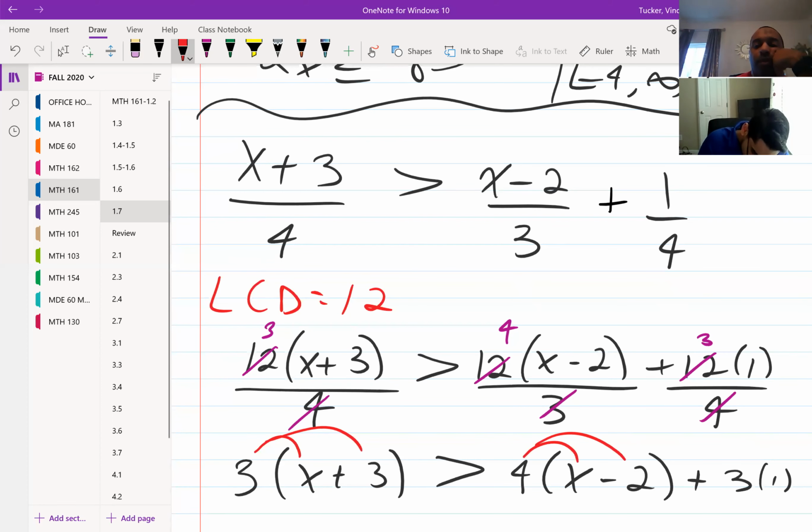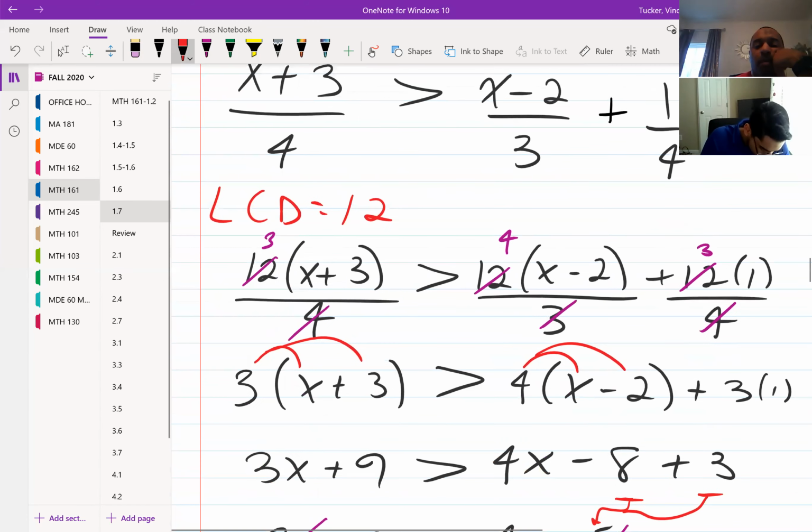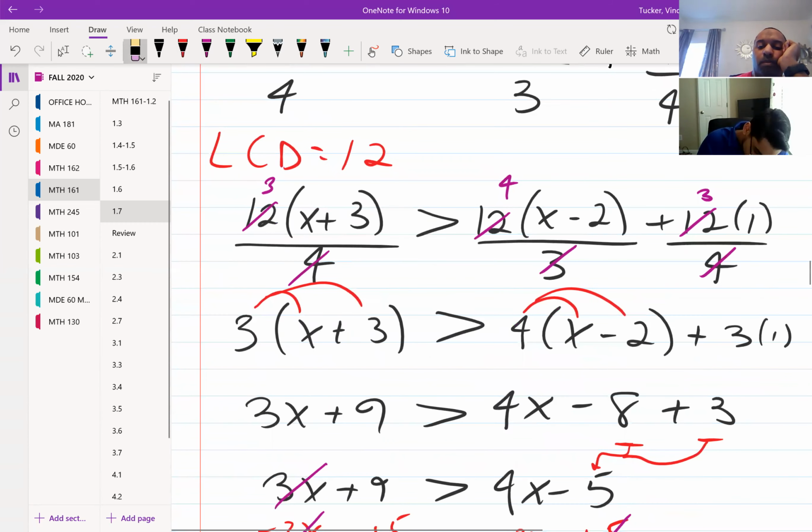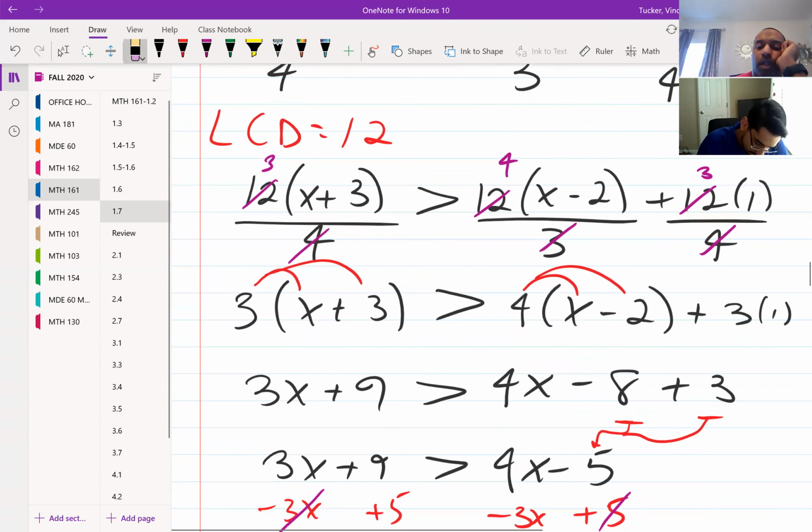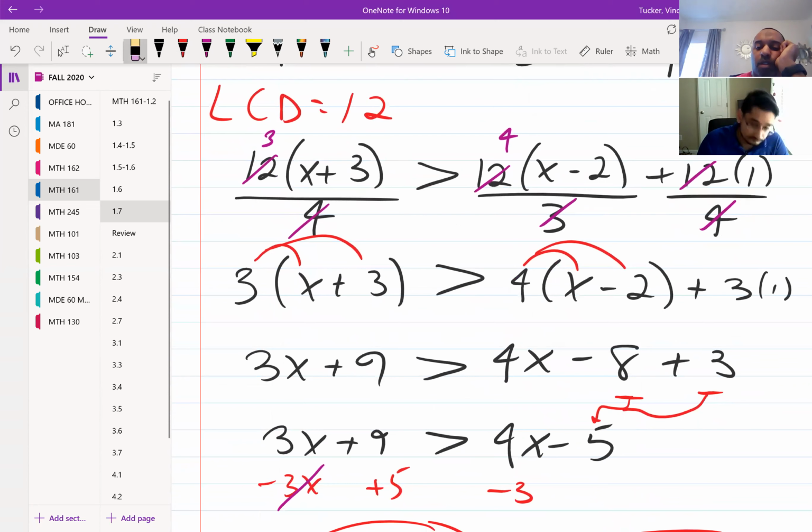Distribute the 3, distribute the 4. That'll be 3x plus 9 is greater than 4x minus 8 plus 3. The negative 8 and the positive 3 will add together to give us negative 5.